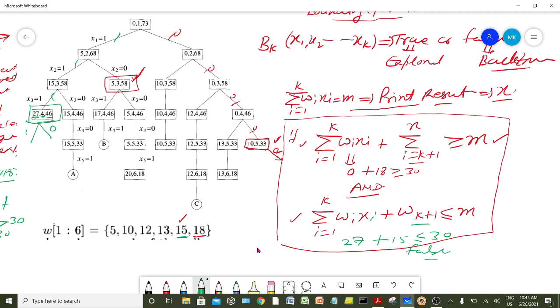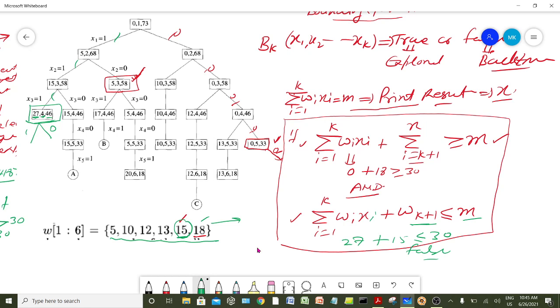And we already know that the weights are in increasing order. So if 15 is not fitting in this condition, it means 18 is not going to fit, and all future items are not going to fit into the solution. So that is why we need to check whether inclusion of the next item keeps the total sum less than or equal to m.